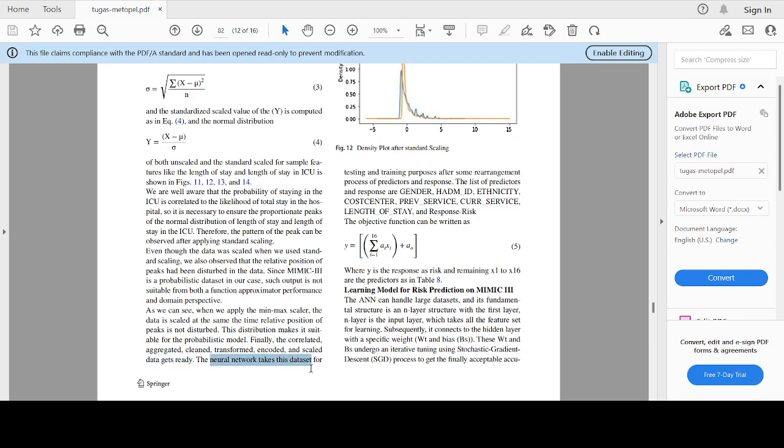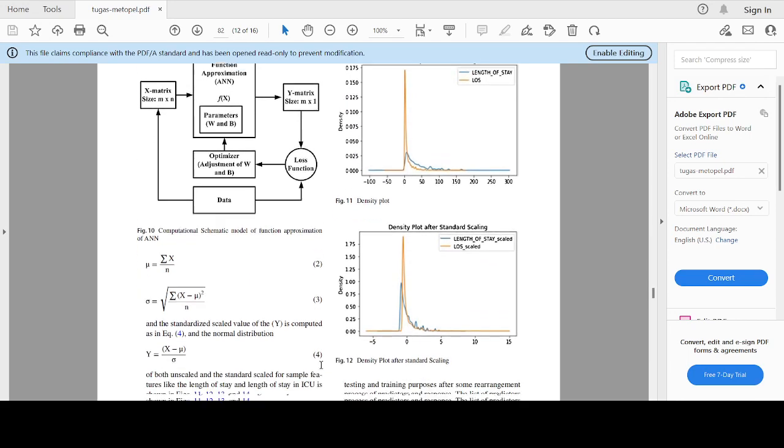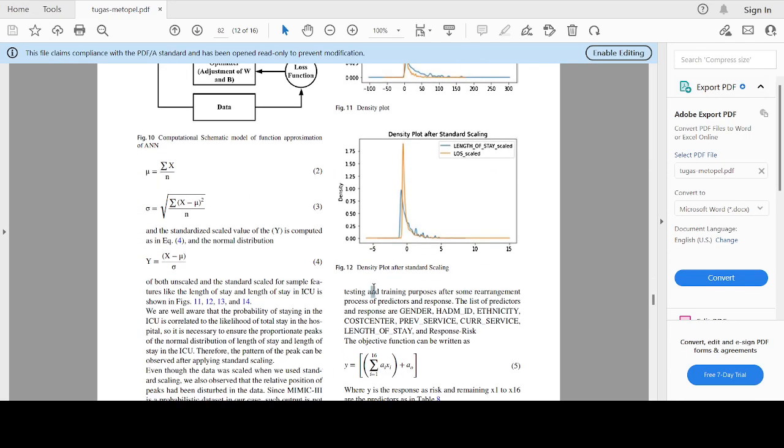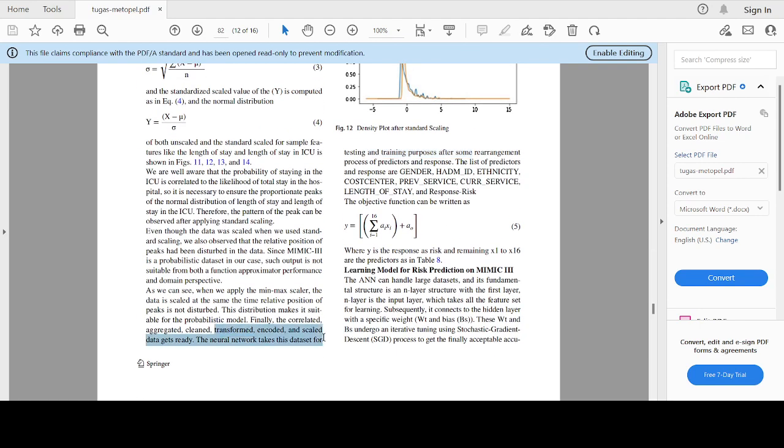The neural network takes this data set for testing and training purposes after some rearrangement. Basically, the main algorithm is ANN.